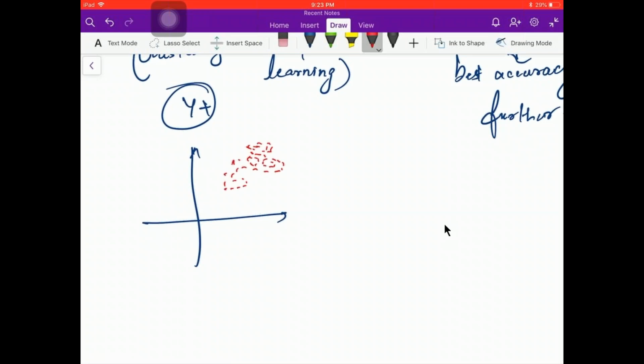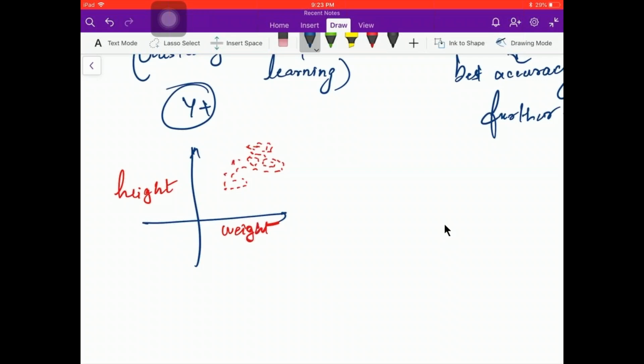Now you say this is the height and this is the weight. Now you say that I need to find out who are the males and females, but you forgot to annotate the data when you were collecting.